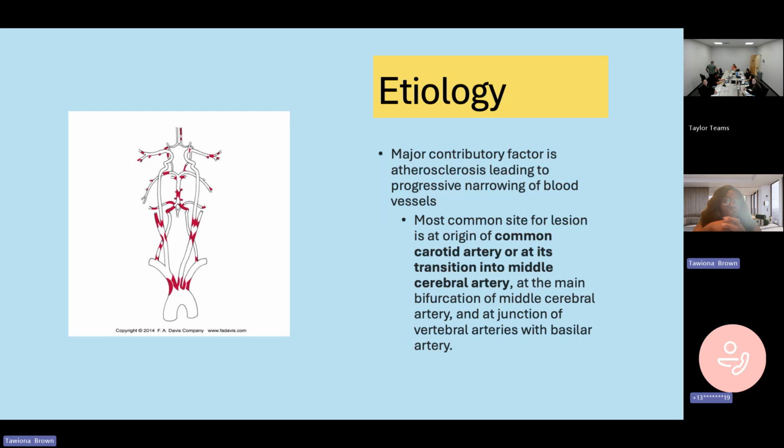The major contributory factor for someone having a stroke is going to be atherosclerosis. That's going to lead to narrowing of the arteries. The most common site for this is along the common carotid artery when it bifurcates, or splits, into the middle cerebral artery and the anterior cerebral artery.